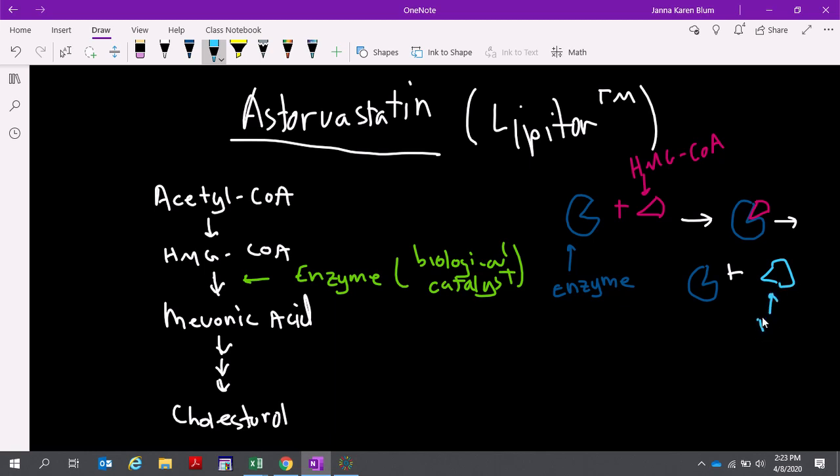And so that's my product. And then this goes on to make cholesterol.